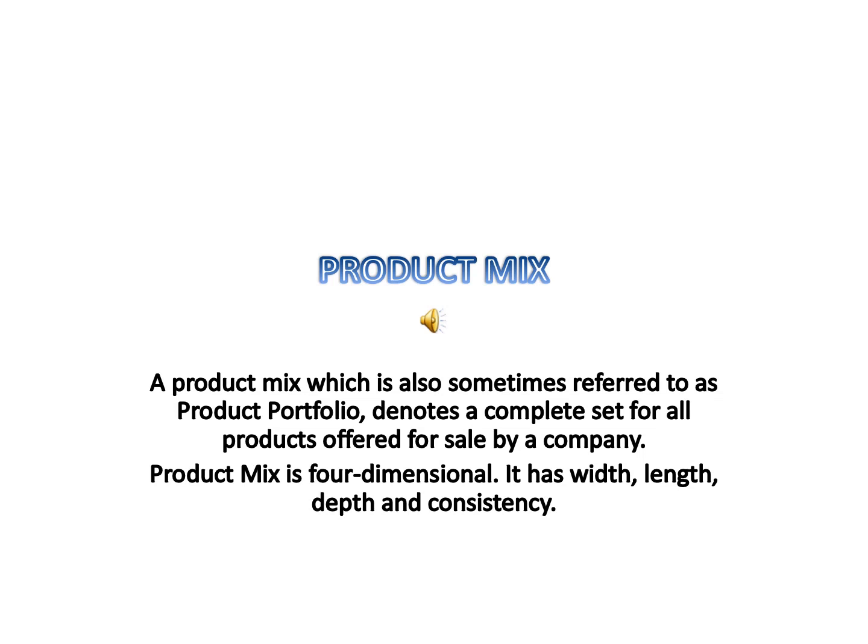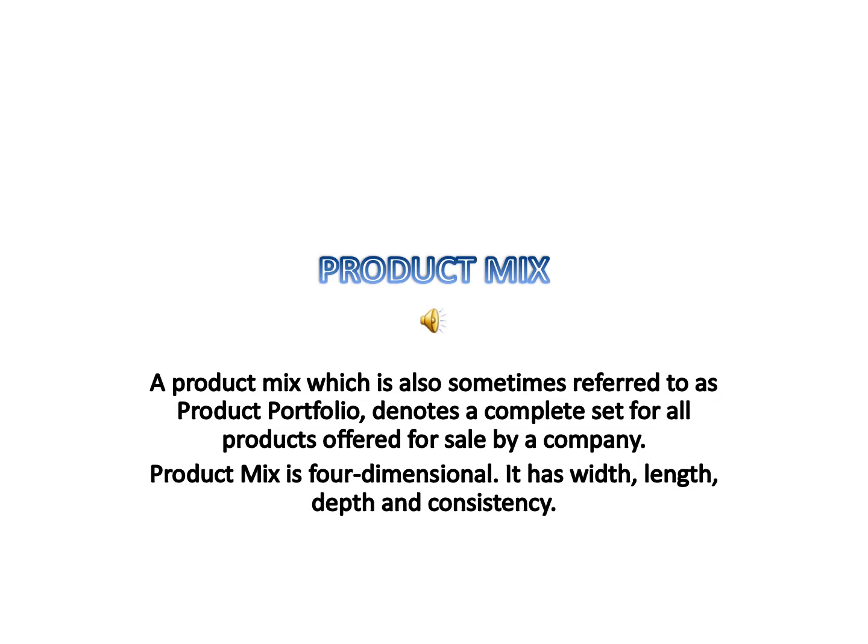So now let's move on to what is length of the product mix. So the length of the product mix refers to the total number of products a company carries within its product lines. So if there is one product line, which is the personal care product line of Hindustan Unilever, how many products are under that one particular product line will be the length of the product mix.